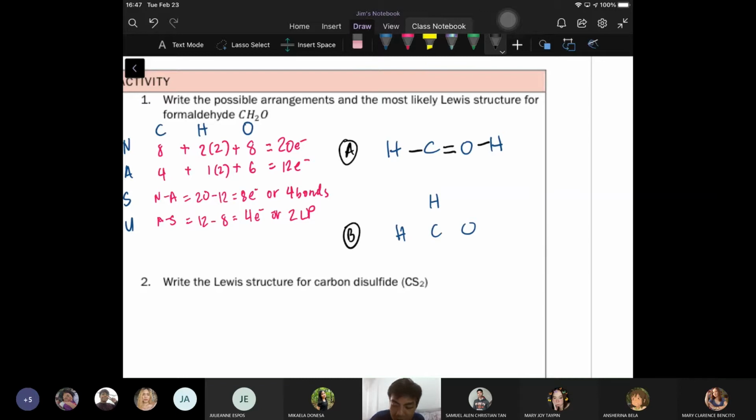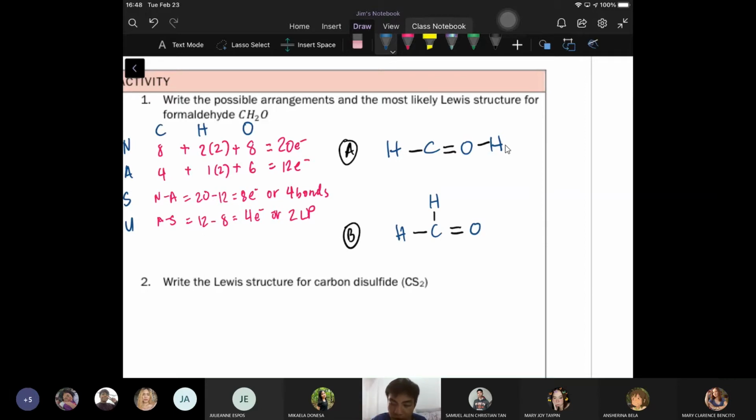For letter B, draw natin yung connection. Again, yung bonds to hydrogen, single line lang yan. Okay, so we will have this illustration. Ayan, nabigay na natin yung 4 na bonds to each molecule. No? Paano naman yung lone pairs?